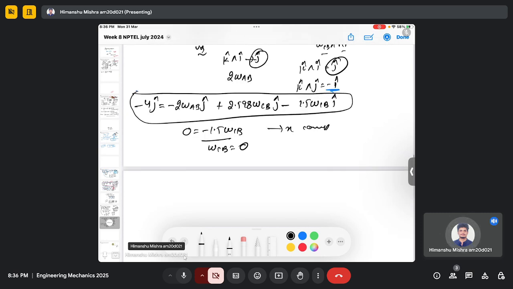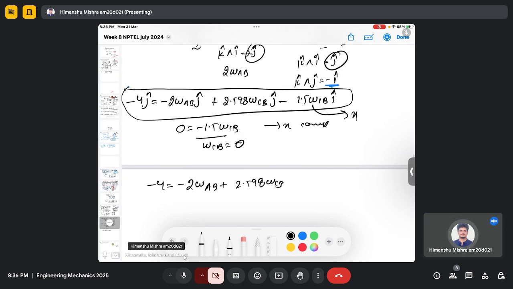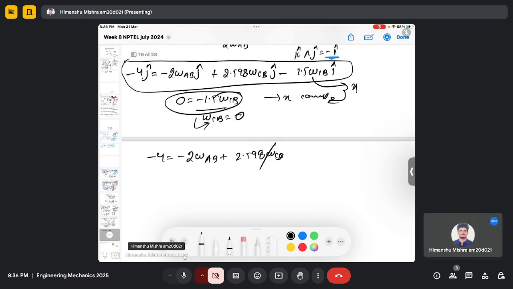If you take the y component, you will have minus 4 equals minus 2 omega AB plus 2.598 omega CB. And from the x component you see that omega CB is 0, so this term will be 0, so you will have 4 equal to 2 omega AB, so omega AB will be 2 rad per second.